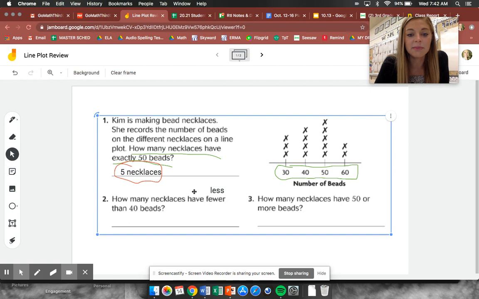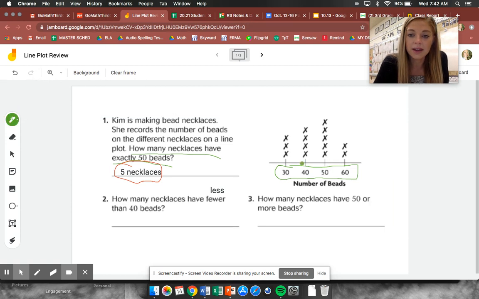This is asking how many necklaces have fewer or less than 40 beads. So we're not counting 40 here. Well, the only number that's less than 40 on this line plot is 30. Okay, 30 is less than 40.